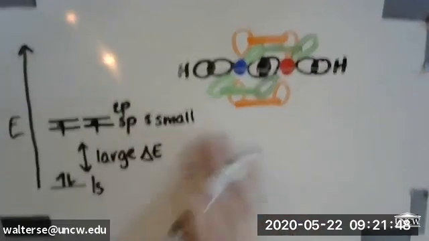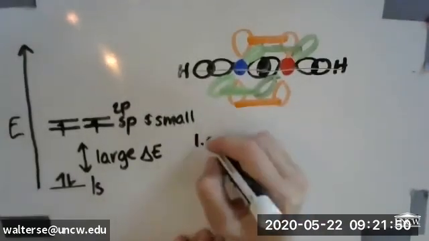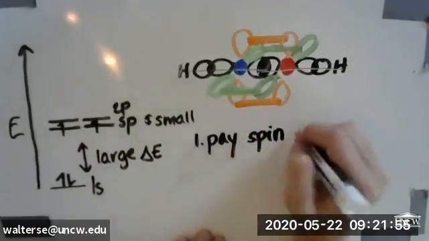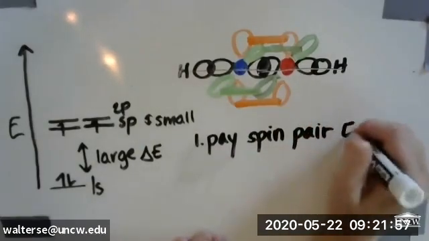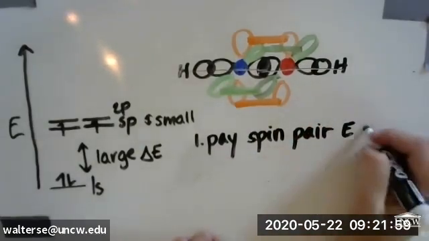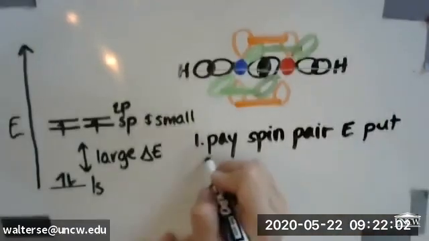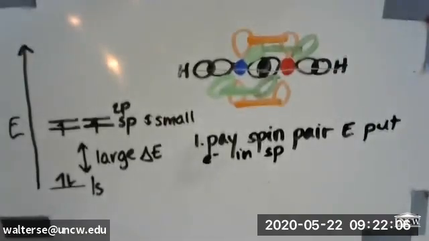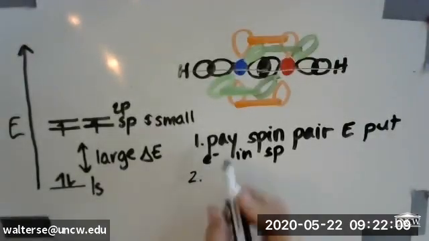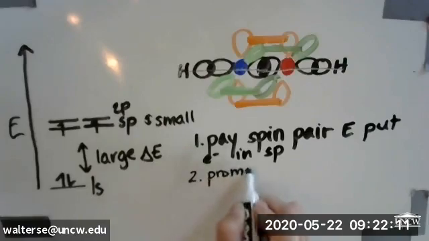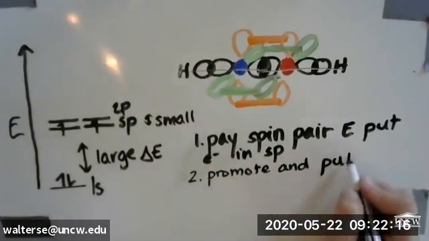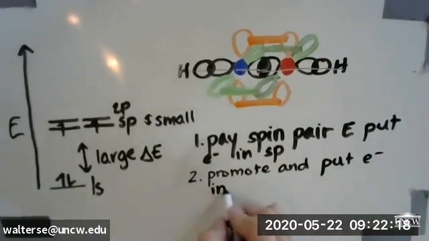So you have two possibilities. The first is that the atom will pay what's called the spin pair energy and put the electrons in the sp orbitals. That's one option. The second option is to promote the electrons and put the electrons in the 2p orbitals.